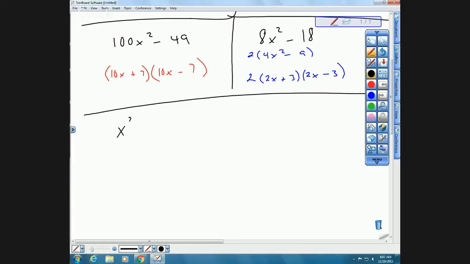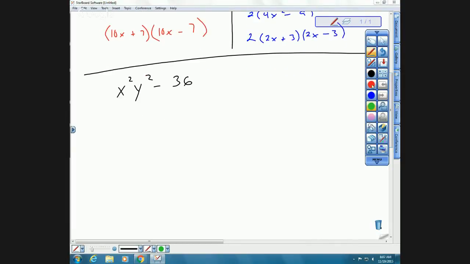There are some other ones like this. x squared y squared minus 36. Again, you have a perfect square because I can change this to xy times xy, which is x squared y squared. And 6 times 6 would be 36, and a plus and a minus.